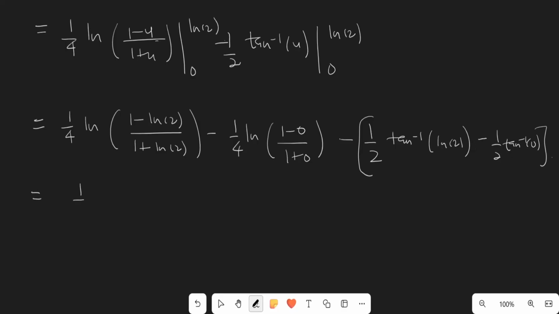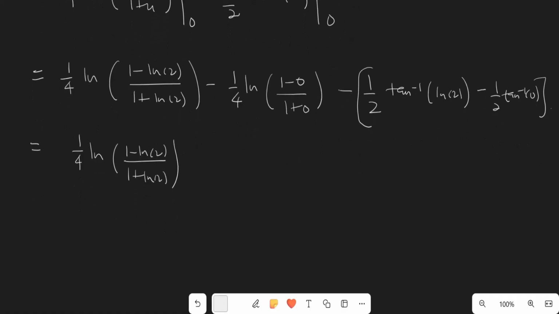So that is going to be 1/4 ln of 1 minus ln of 2 all over 1 plus ln of 2. This is ln of 1 because 1 over 1 is 1, and then ln of 1 is 0. So minus 1/2 tan inverse of ln of 2. And tan inverse of 0 is 0.